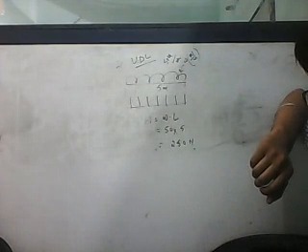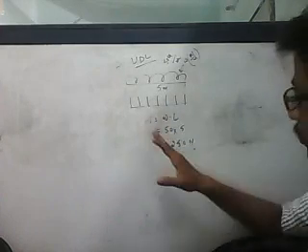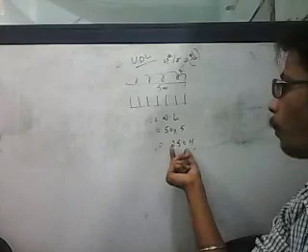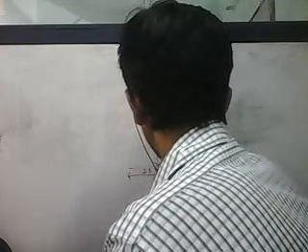Clear? Right now we are converting this whole UDL into a point load. It's like this: 250 Newton working at the mid of the length, that is 2.5 meters.